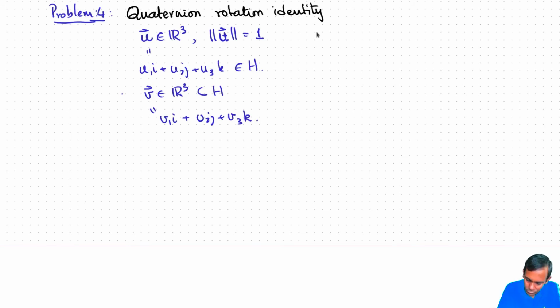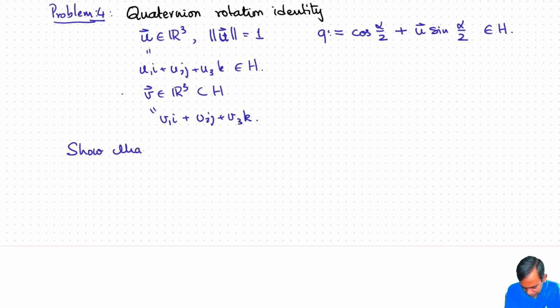And now let's take Q. I'll define it as cos of alpha by 2 times 1, of course, so this is the quaternion, plus u times sine of alpha by 2. So this is an element of H. Okay, so the problem is, show that the function v goes to Q v Q inverse.